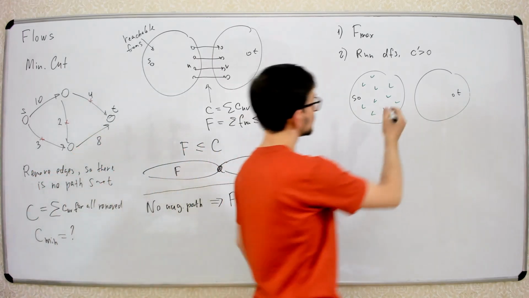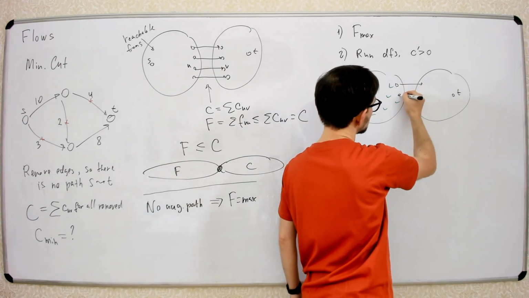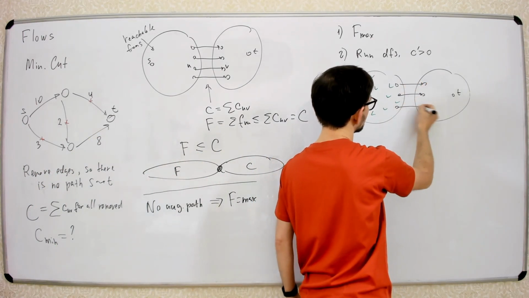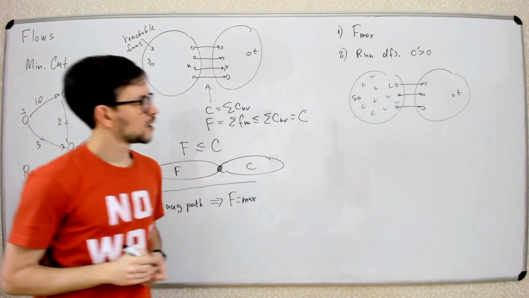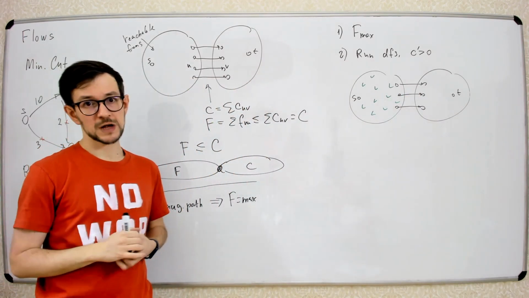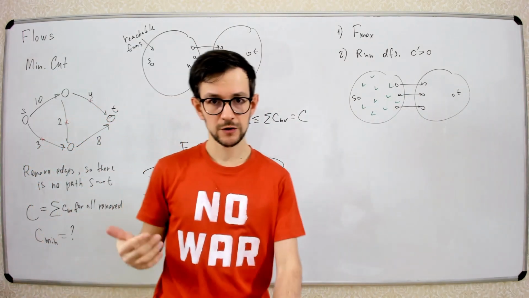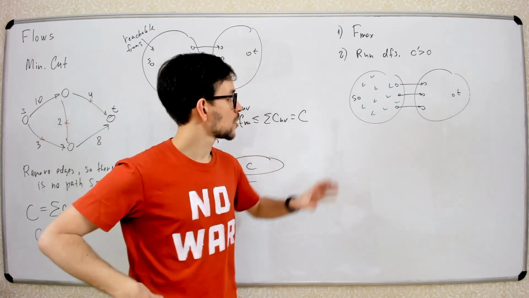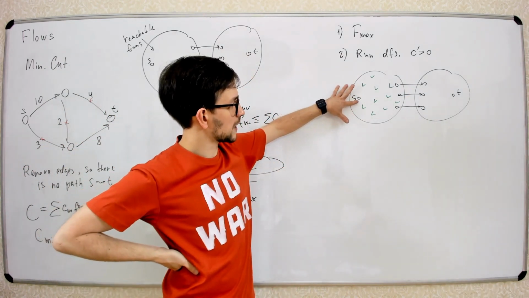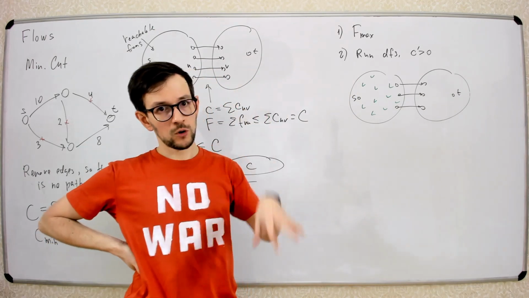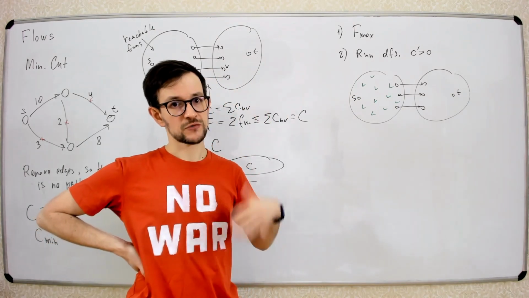Now let's look at all edges from here to here. What can we tell about these edges? Why are these edges not in the residual network? We run DFS from this node S for all edges with positive residual capacity.